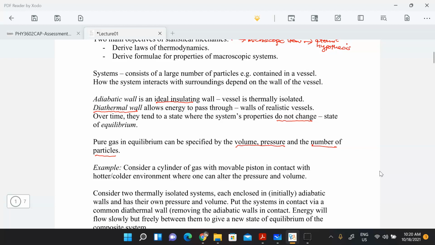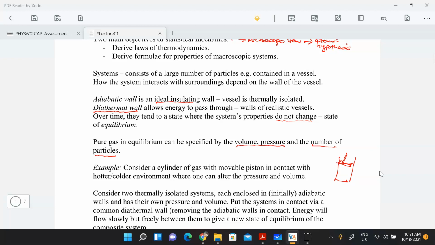An example is that you can think of a cylinder of gas, and then you have a piston which is movable, just like your syringe, and you allow the piston to move in response to pressure.